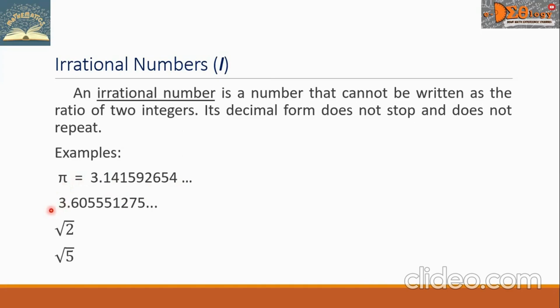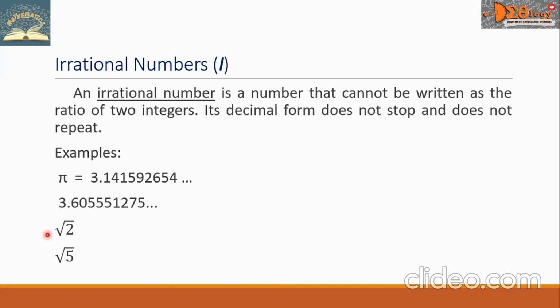Another example, 3.605551275 and so on. This decimal does not stop. Also, there is no pattern of repetition. This is an example of an irrational number.